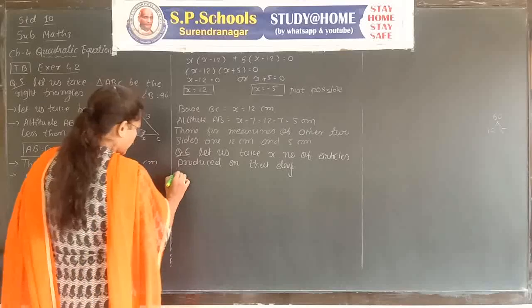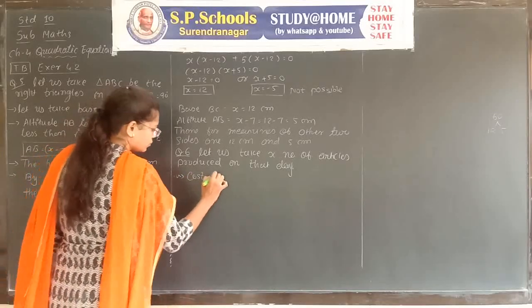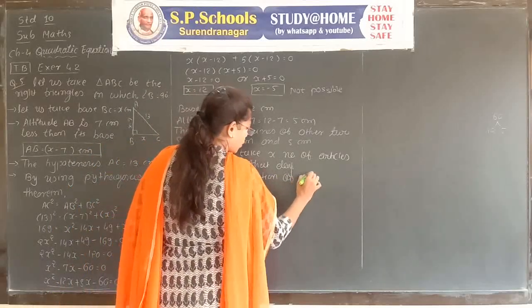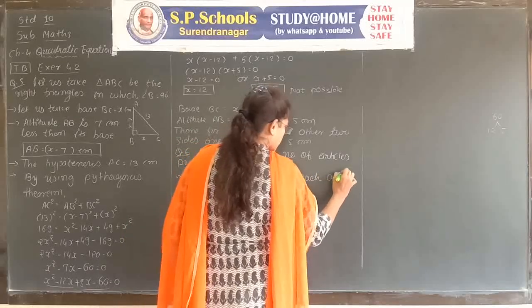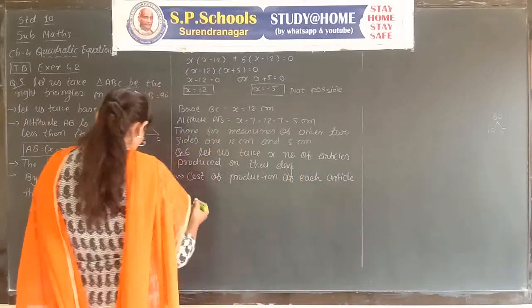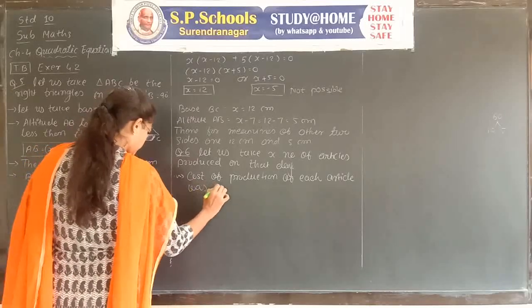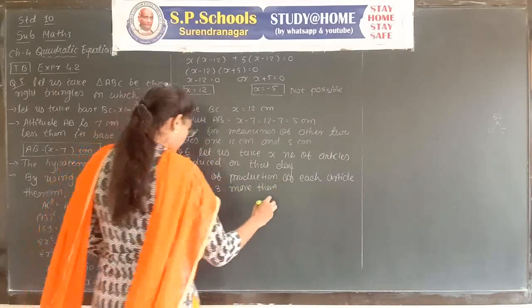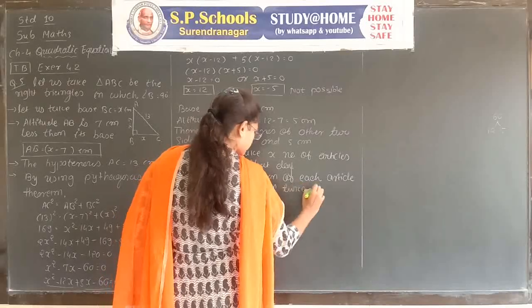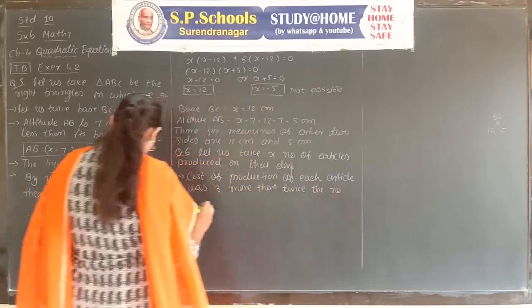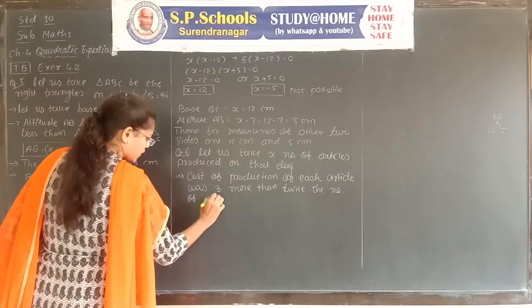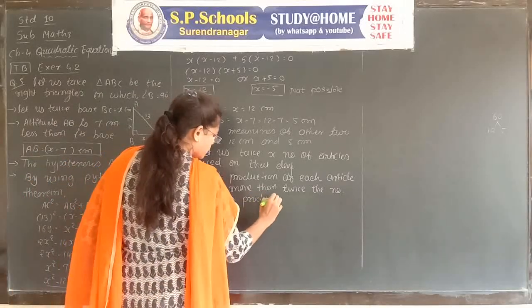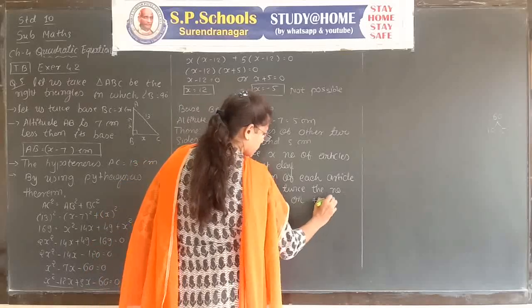Cost of production of each article was 3 more than twice the number of articles produced on that day.